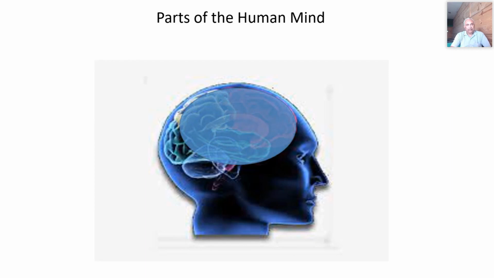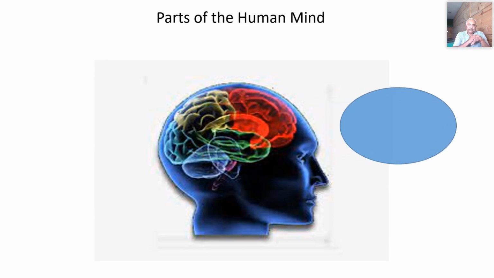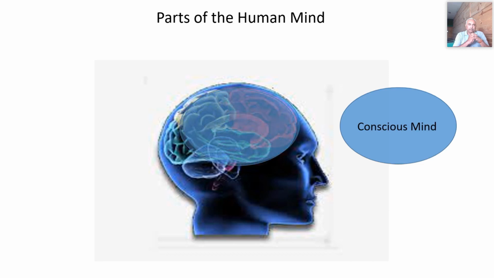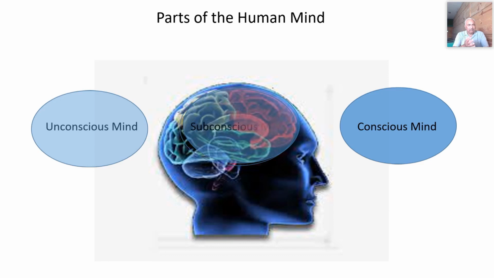These are the parts of the human mind. The first is the conscious mind. The second is the unconscious mind. It could be the subconscious mind also. And the third is the subconscious mind.